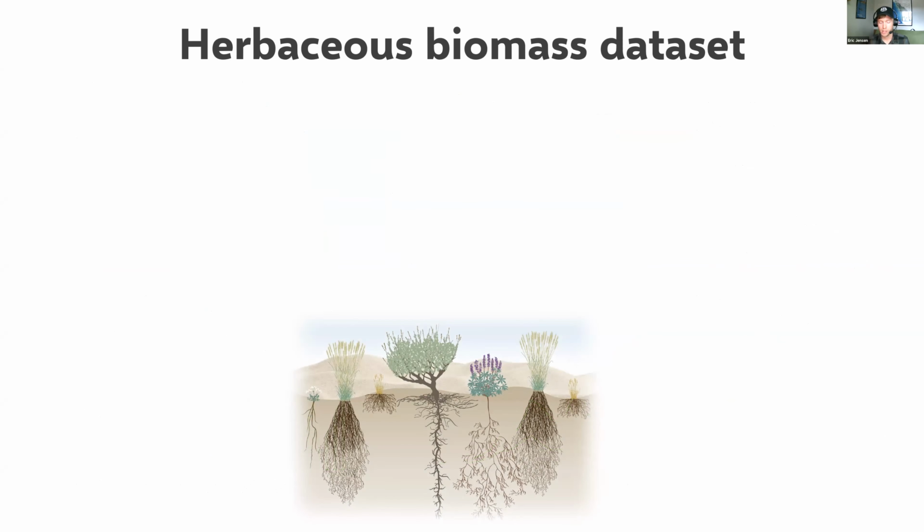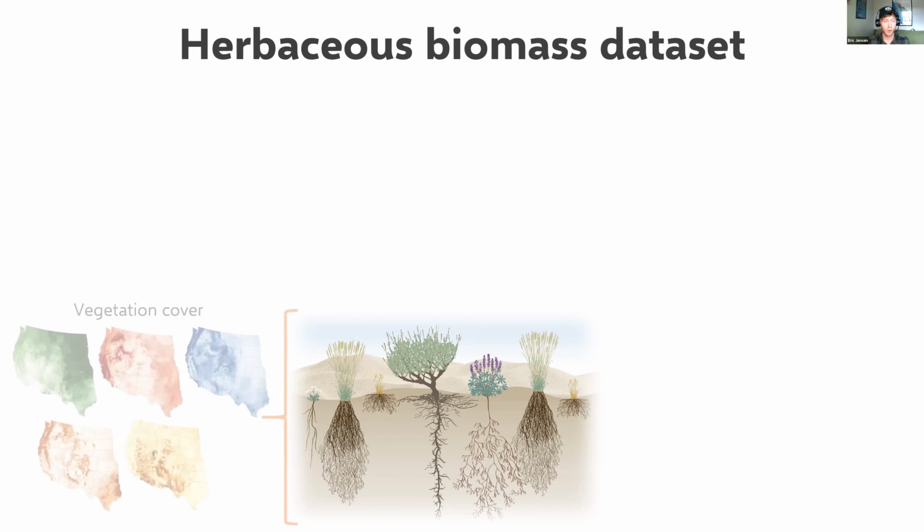And so just a little bit of background on this model as well. This one's a little bit different from the vegetation cover model. The vegetation cover data set is based on relationships between field data and satellite data. In this data set, we're actually modeling the process of herbaceous biomass production. And so if you think of what it takes to produce vegetation biomass, of course, different types of vegetation are going to be important.